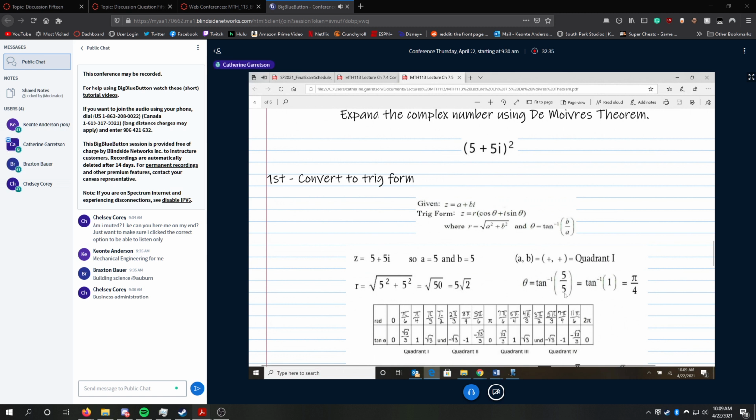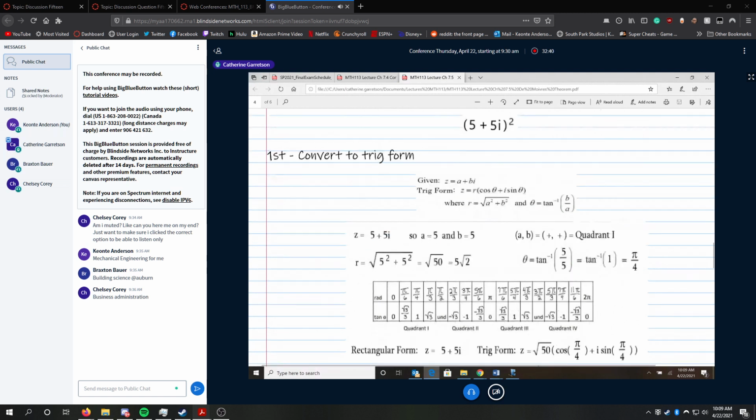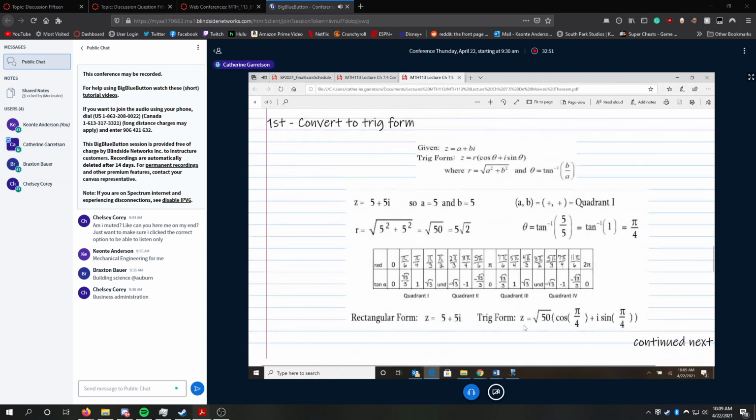Then I put the 5 over 5, and I get inverse tan of 1. And again, this is quadrant 1. The a and b are both positive, so I just look in quadrant 1 for 1, and I get pi over 4. So in trig form, this is root 50 times the cosine of pi over 4 plus i sine of pi over 4.